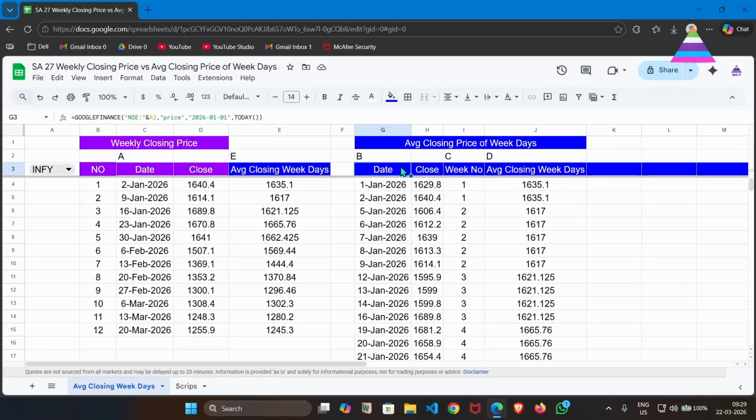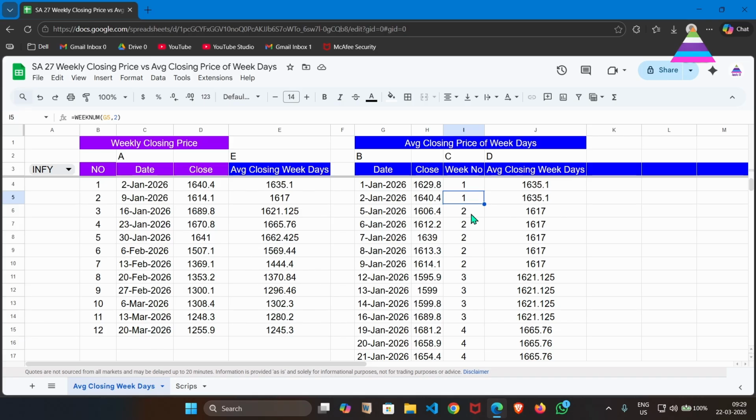Now the next step is to find which week number this particular day falls on. For example, 1st January falls on the first week, 2nd January falls on the first week. In the same way, we find the week number for each date.